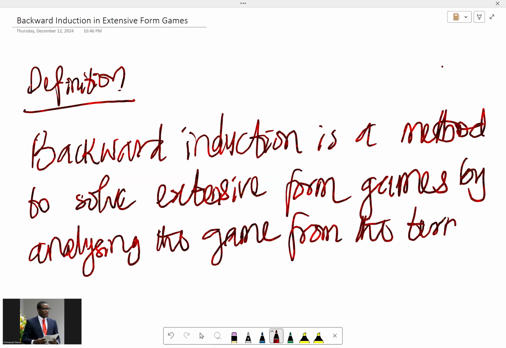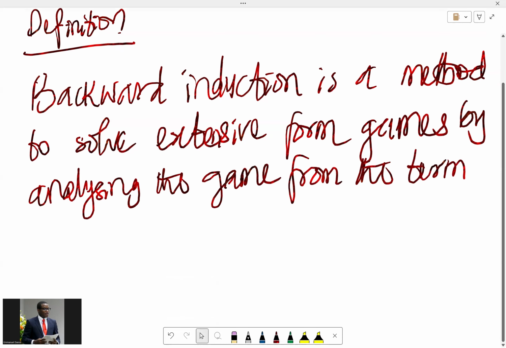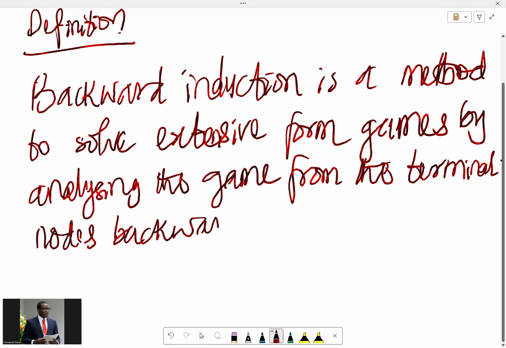So it's more like you analyze the problem by starting from the last node. So you're analyzing the game from the terminal nodes backward to the root.